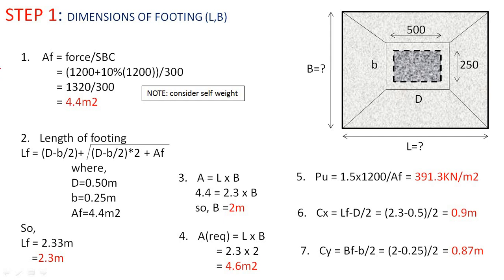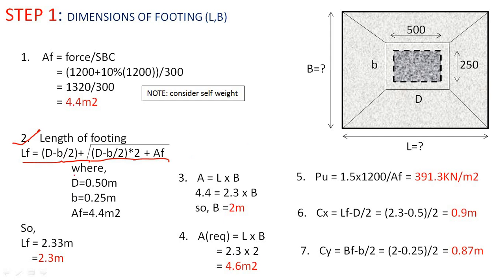After this we have to calculate the length of the footing. We have the equation: length of footing LF is equal to (capital D minus small b) by 2 plus under root of ((capital D minus small b) by 2) whole square plus area of footing.